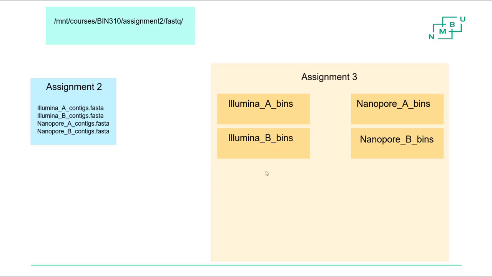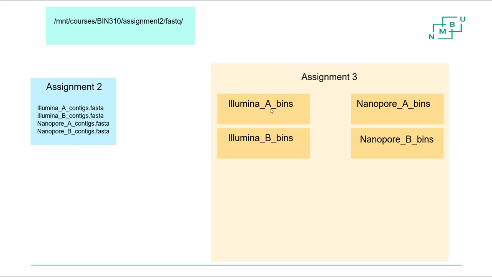Okay, so in module 9 we talk about binning of the contigs that you have from the different samples. And this means you still work in these 4 folders, because from each of, for instance, this Illumina A bins folder, here you have the Illumina A contigs and you have the corresponding abundance file, and then you run the 3 binning tools, right?